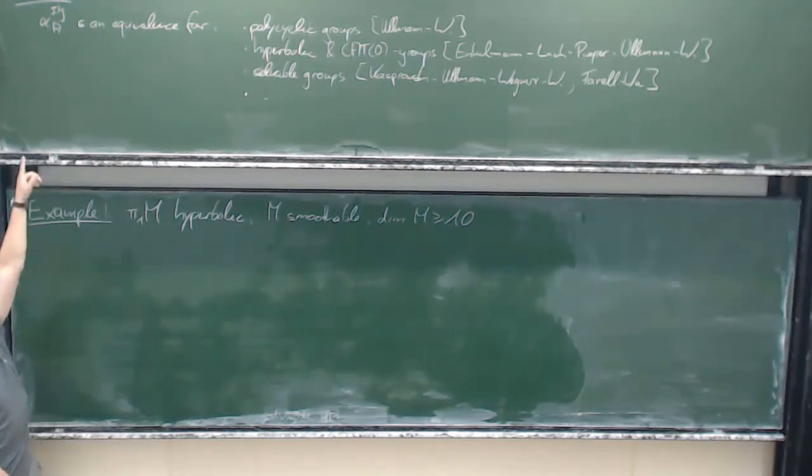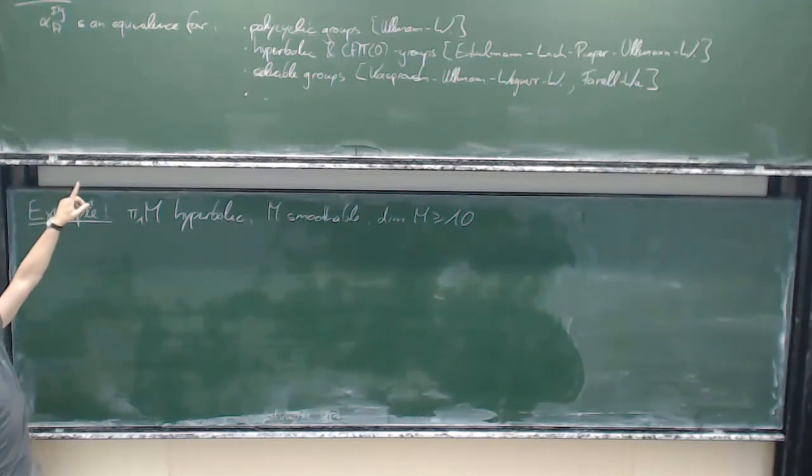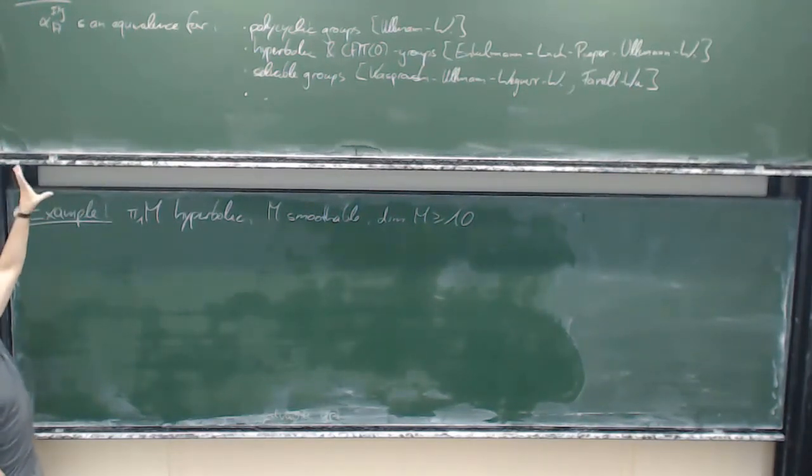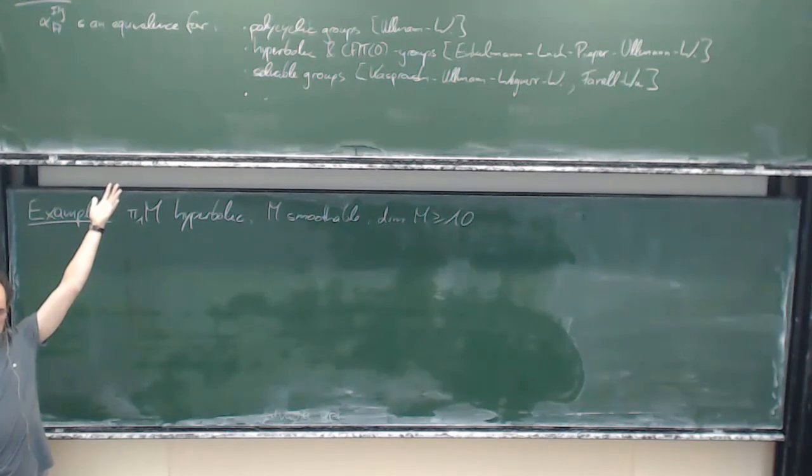That tells us that this homotopy colimit is really simple, because, first of all, the same formula, if it holds for A-theory, also holds for the homotopy fiber of the assembly map.